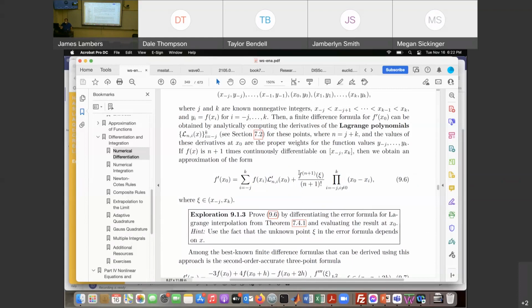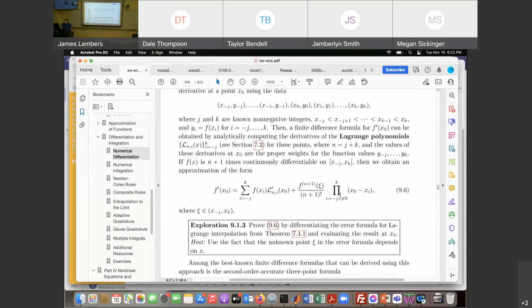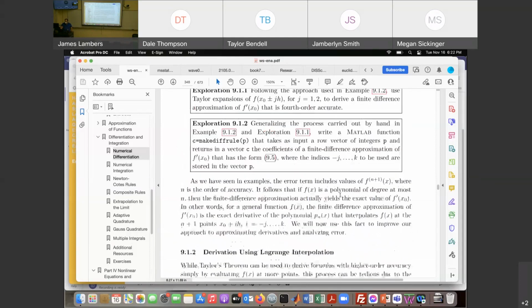Instead of doing the general case right off the bat, I'll pick a specific case. For example, j and k both equal to 1. That's the center difference, because in that case, it's known what the error is supposed to be.